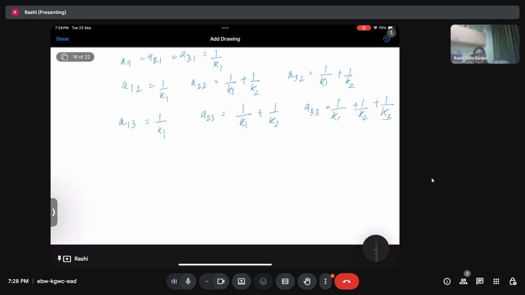Then you can just arrange it in order to get the flexibility influence coefficients. I hope that this is clear now.